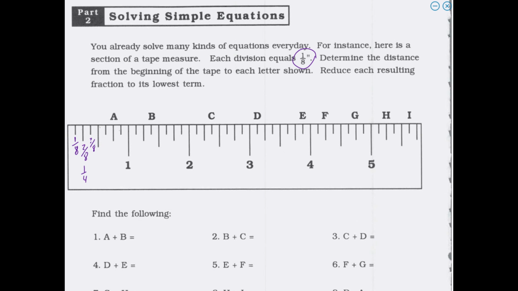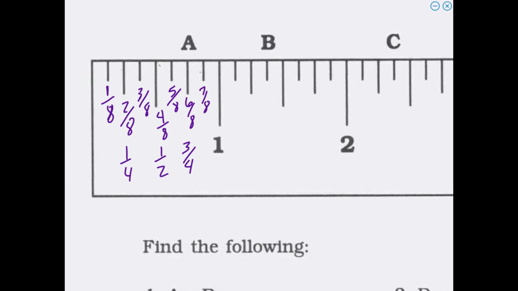Then 3/8, and then 4/8, which is 1/2, 5/8, 6/8, which is 3/4, 7/8, and then 1. So if you can see that, okay?